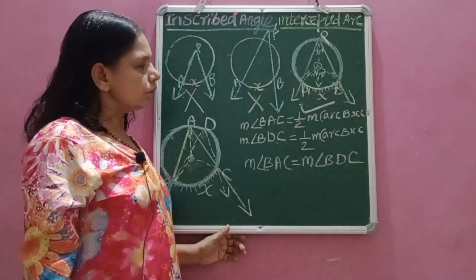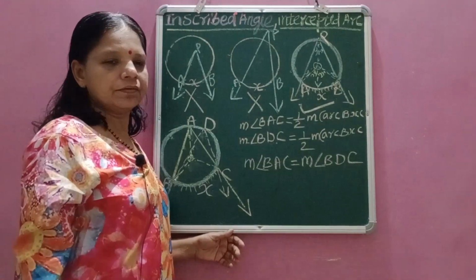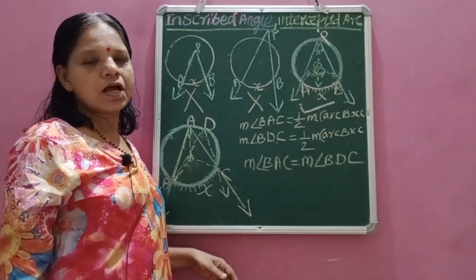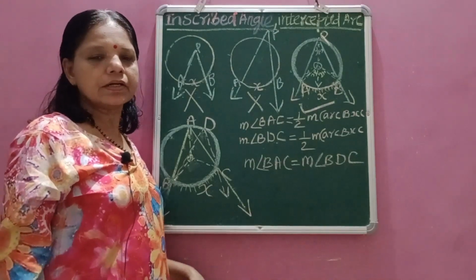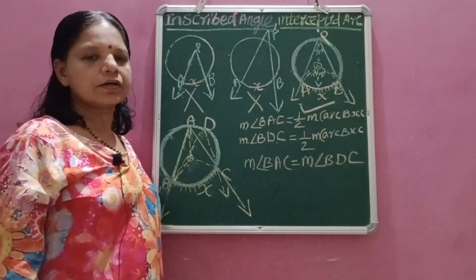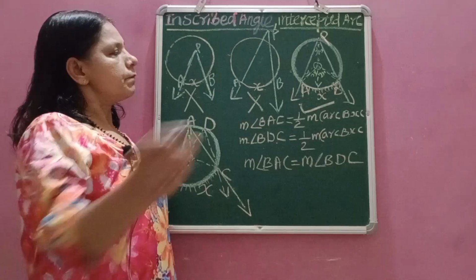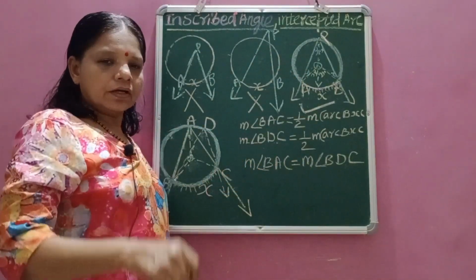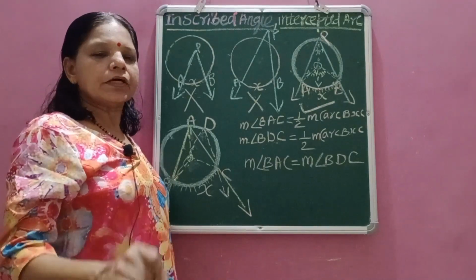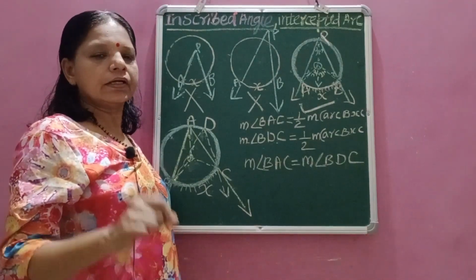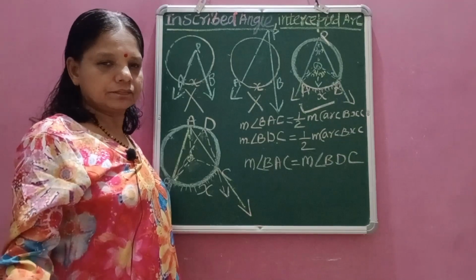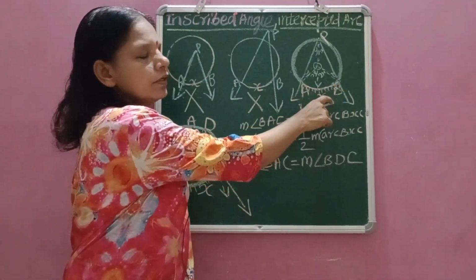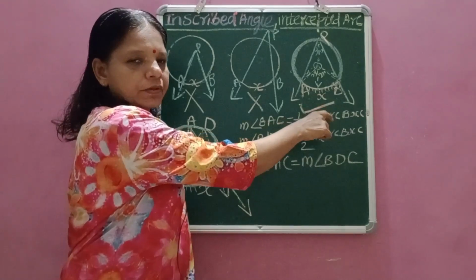Clear? Now there is a relation between the measure of the inscribed angle and the corresponding intercepted arc. What is that relation? Measure of an inscribed angle is equal to half the measure of the corresponding intercepted arc. How to get the measure of arc AXB?